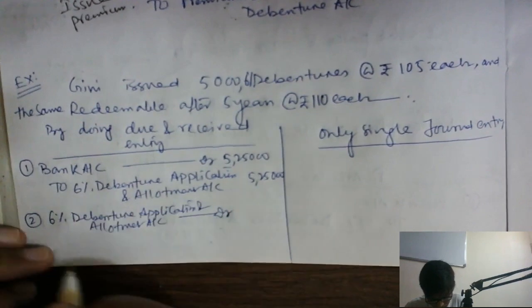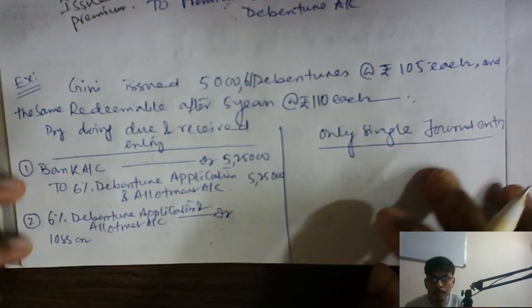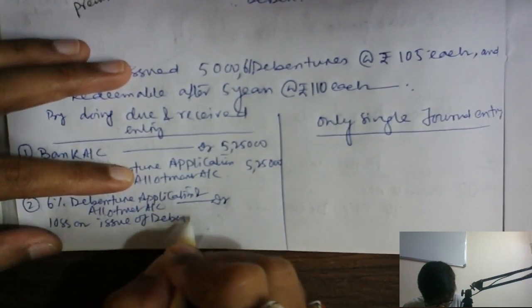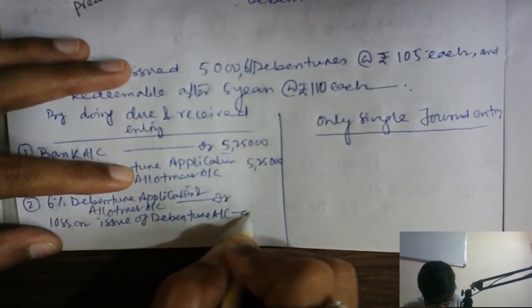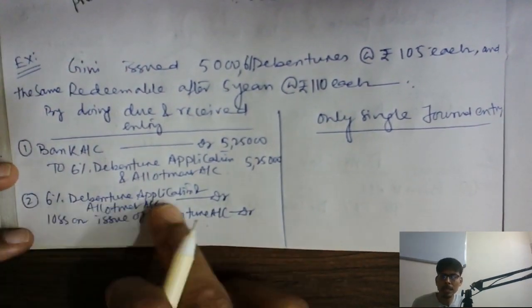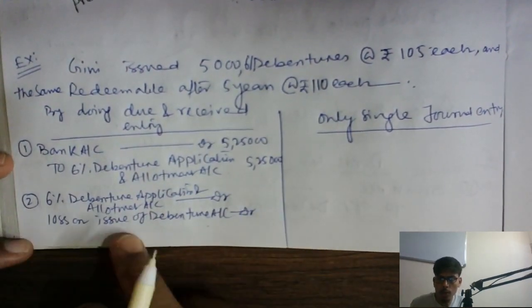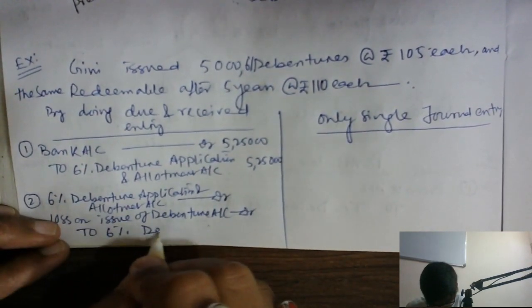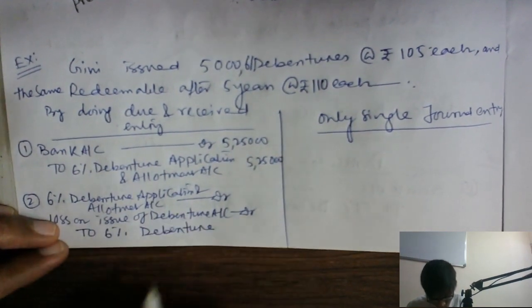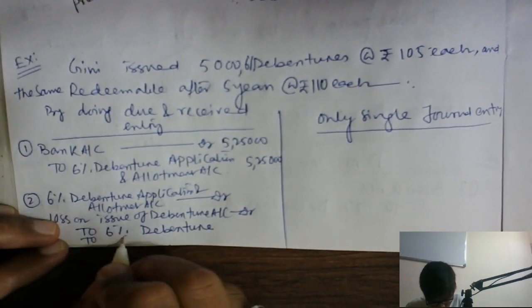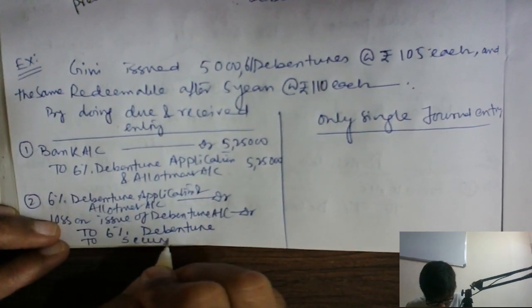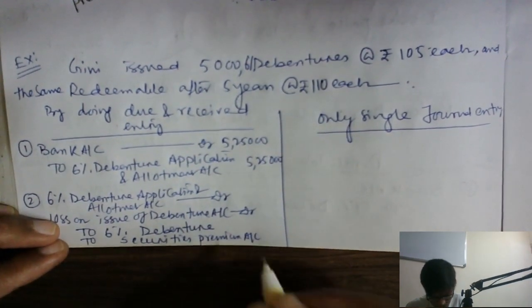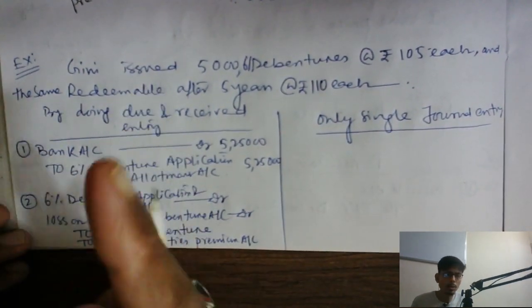Loss on issue of debenture should be debited, to 6% debenture, to securities premium account.